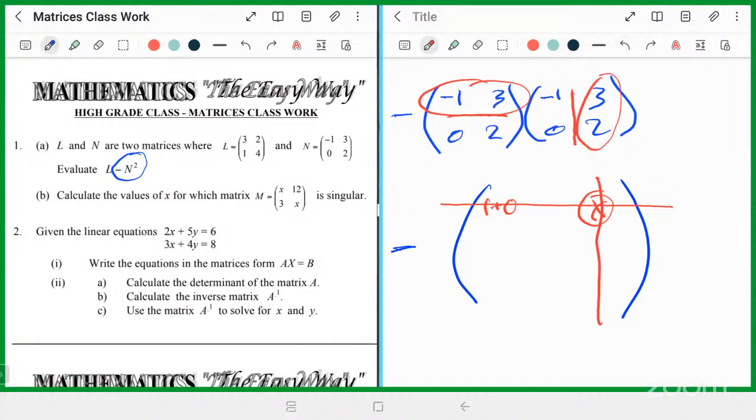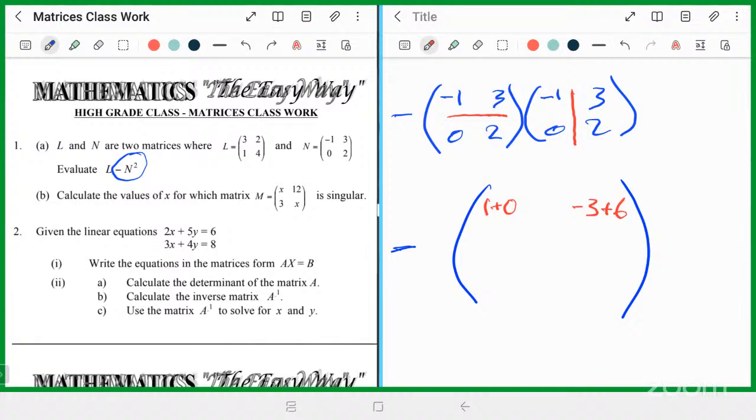Do it the same way again: first element times first element, second element times second element. So it's -1 times 3 and 3 times 2. -1 times 3 is -3, and 3 times 2 is 6.